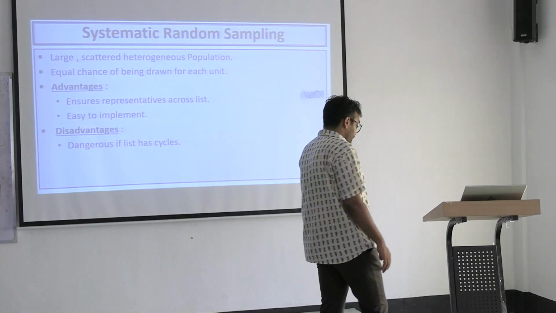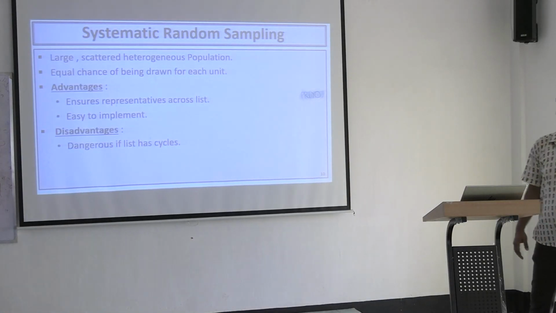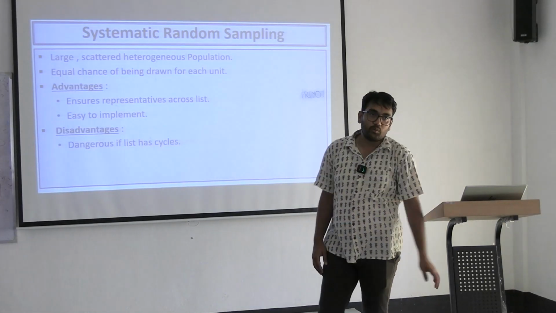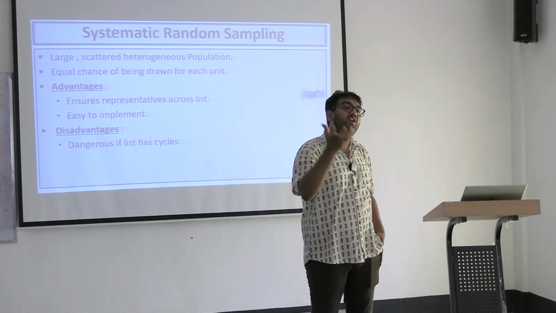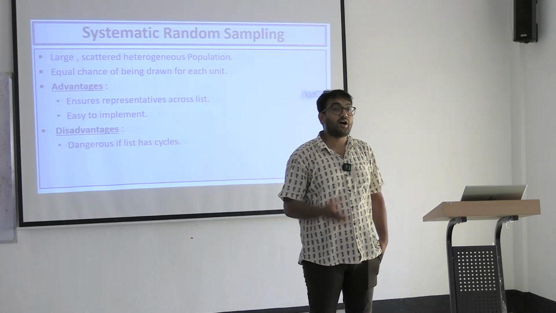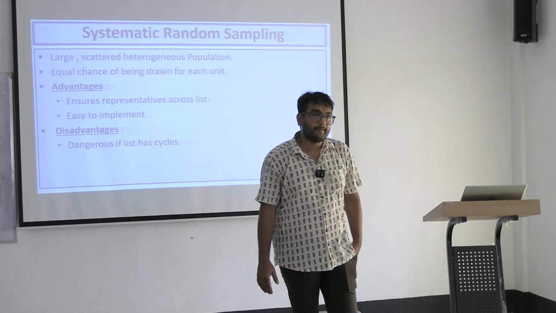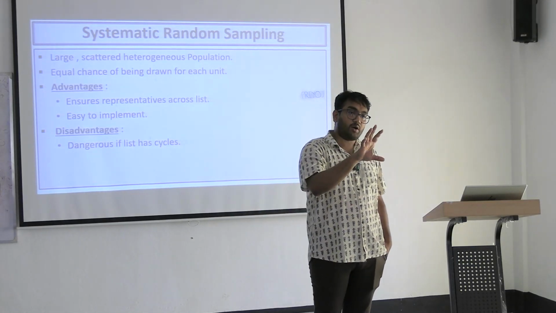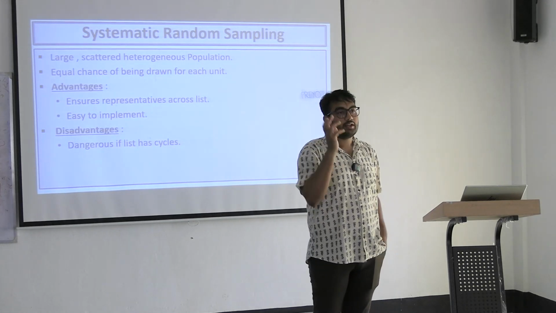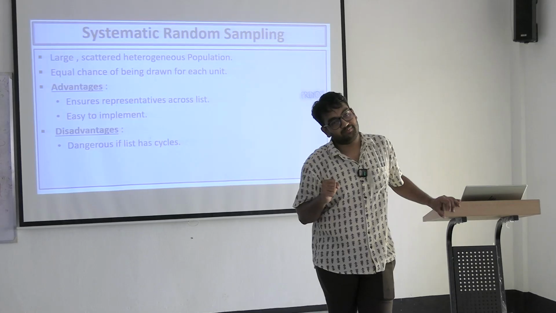Now if it goes 1, then 41, then 81, then 121, the person who is 3rd or 4th does not have any chance of getting selected. So how do I ensure that everyone has a comparable chance? We have found the sampling interval, that is 40. Next, the start is determined randomly.